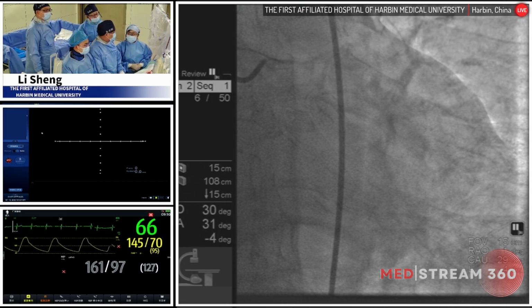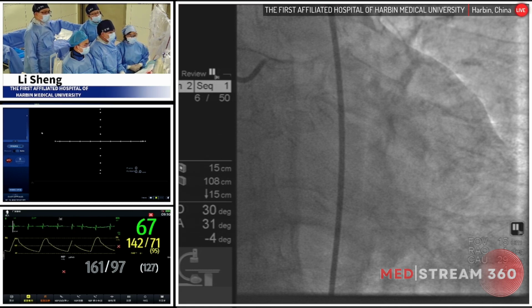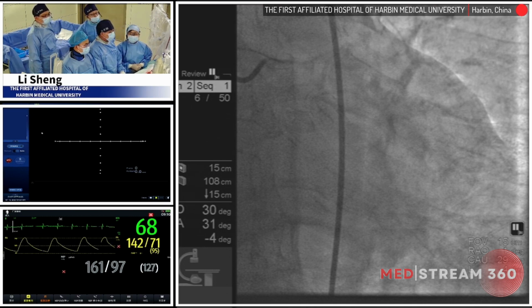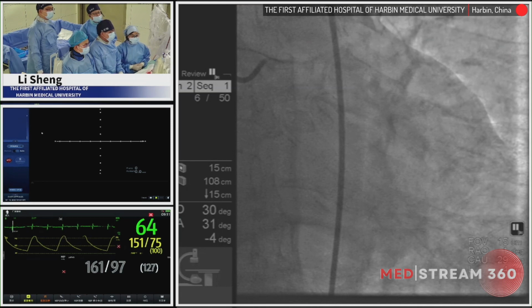We know that this is a CTO case. So this time we were prepared to make our effort to deal with the left main bifurcation lesion. We know that single stent strategy is superior to the two-stent approach. So according to the Medina classification, this lesion should be classified as 1,1,0.